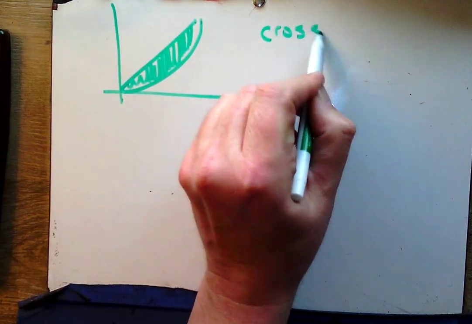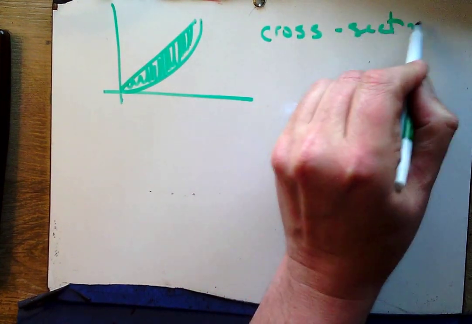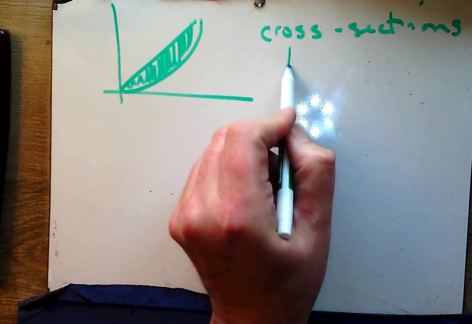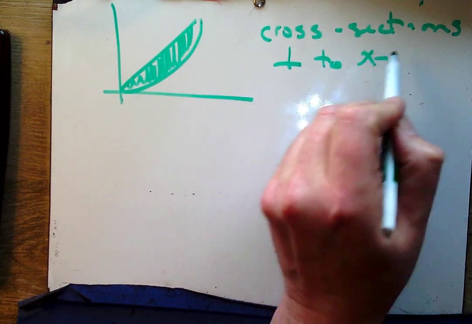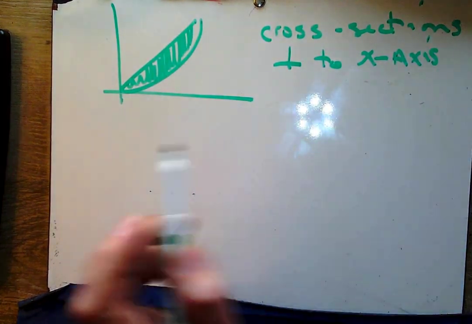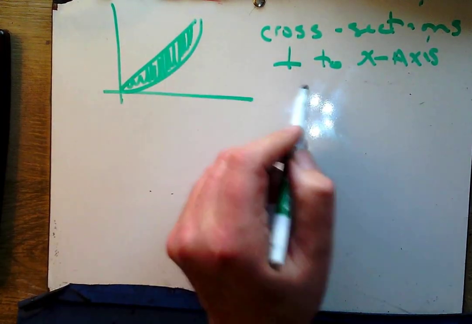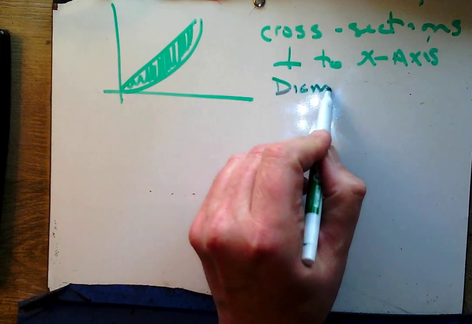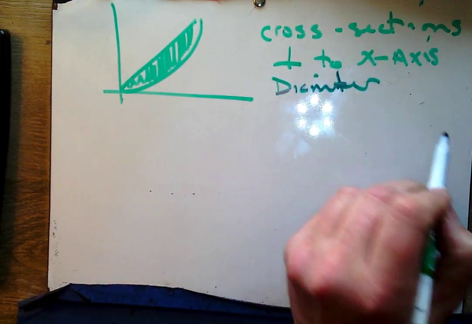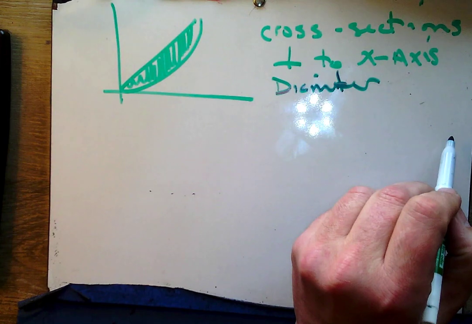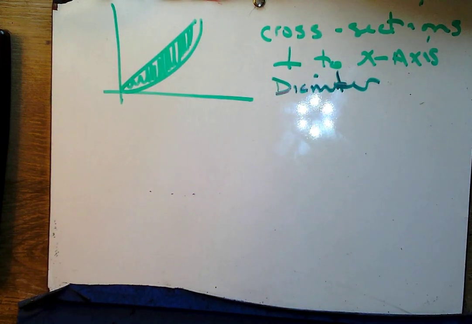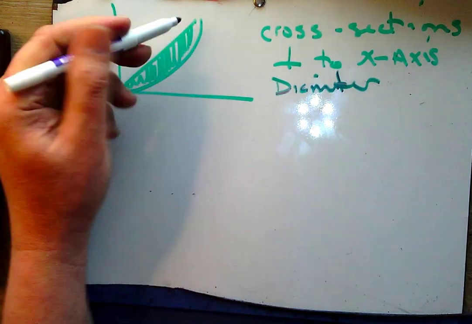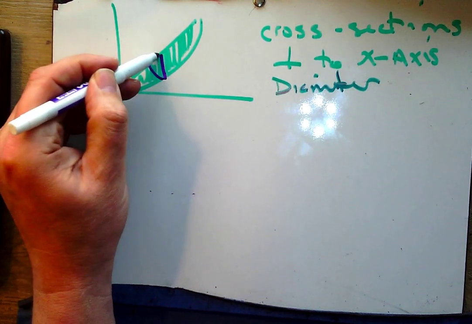And we want cross sections that are perpendicular to the x-axis. Ooh, and I'm glad you asked. I want to say that the diameter, that this distance, is the diameter.